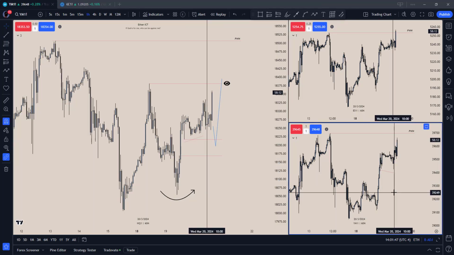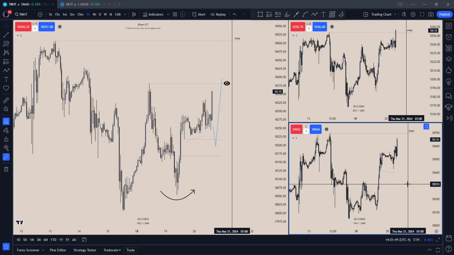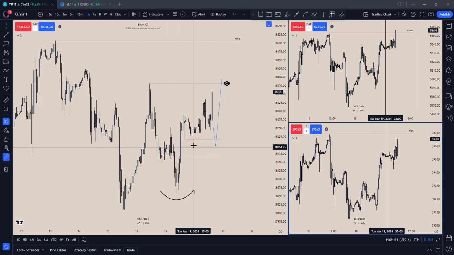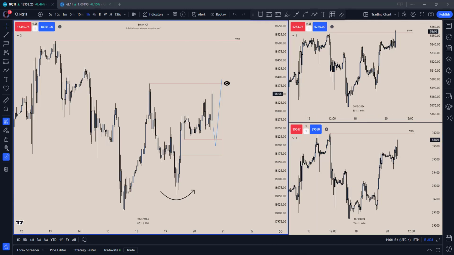So that's something I missed. Yes, taking previous week high now, so we can anticipate that we could potentially have a time based SMT divergence on the highs. So that's something you guys want to be aware of.